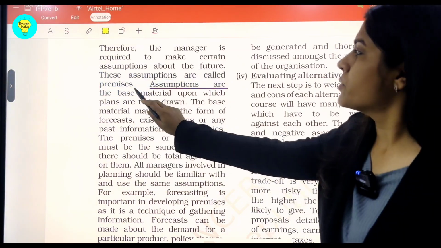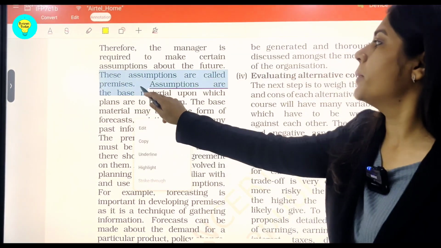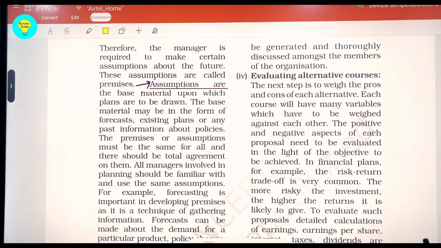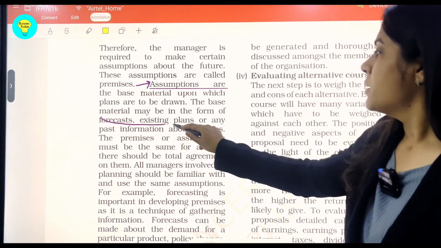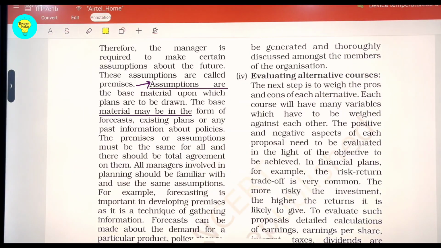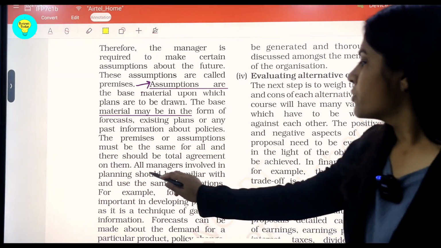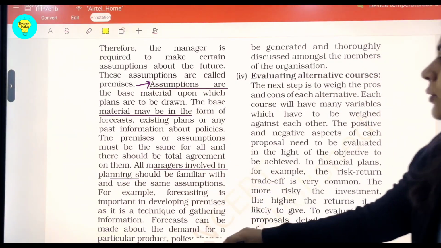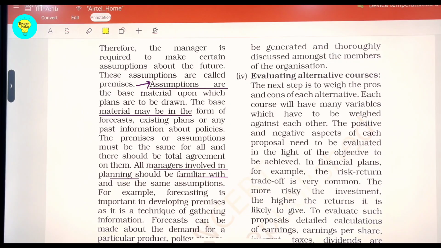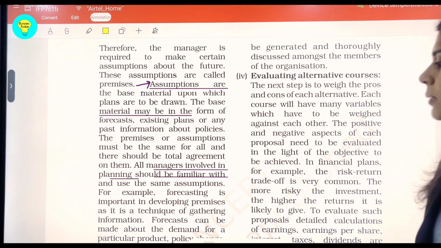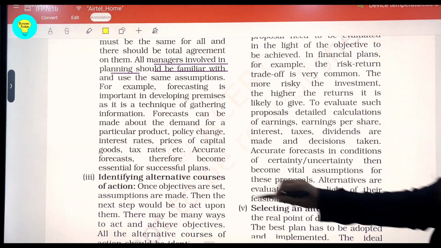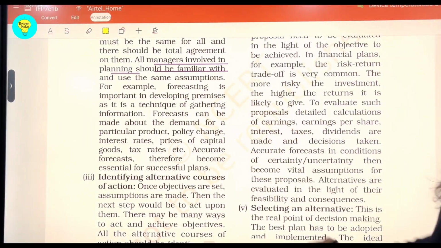So don't get confused about what these premises are. These are simply the assumptions that we need to carry for the future in order to make a certain set of plans. It includes some forecasts, and all managers should be involved in planning. They should be familiar with the same assumptions so that everybody can work on the same lines. So it is covered under the technique called developing premises.